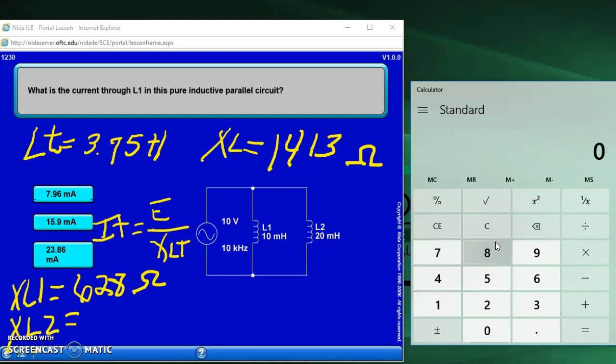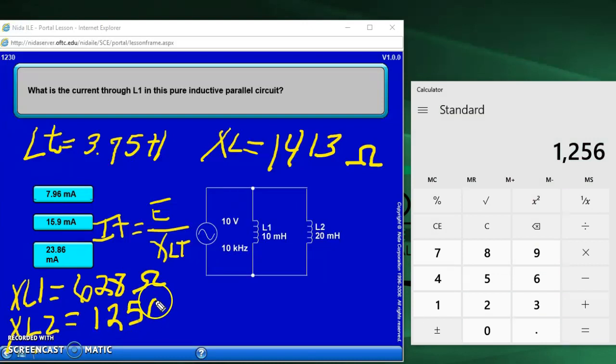I probably pressed a button wrong. 2 times 3.14 times 10 kilohertz times 20 millihenries, 1256. That looks a little better because I knew this was double, so it should come out to double what the first one was, and so that makes a little more sense.